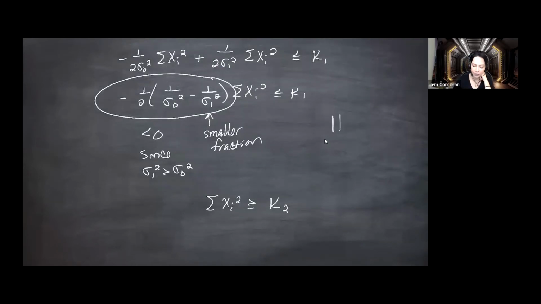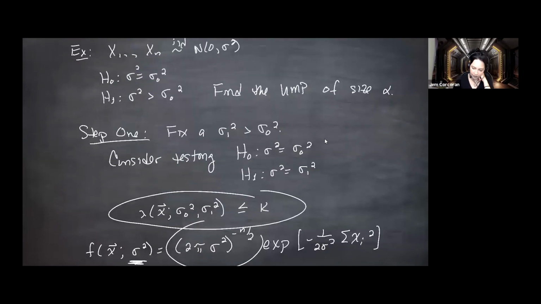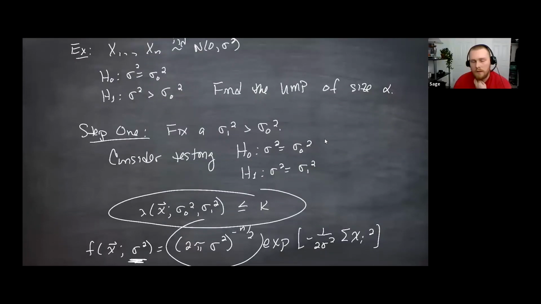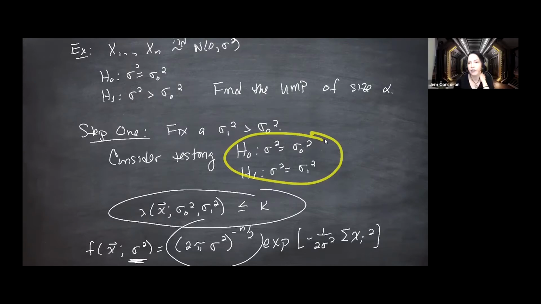If we also assume that they have the same mean, but we just don't know what it is, do you expect that they would still cancel, or would we have to involve x bar? We would have to involve x bar. They wouldn't cancel because it's still a composite set.